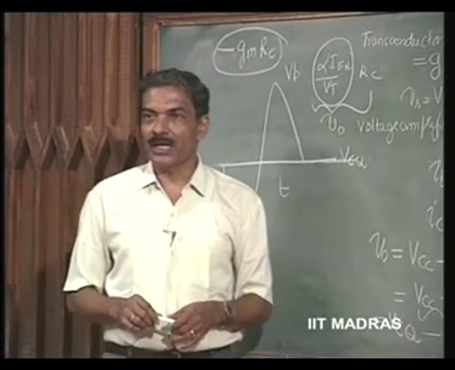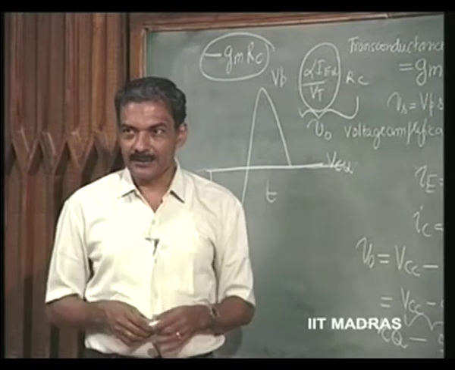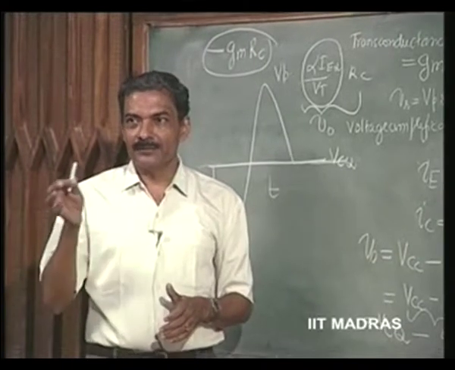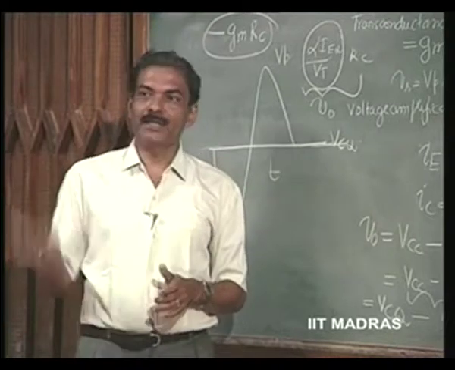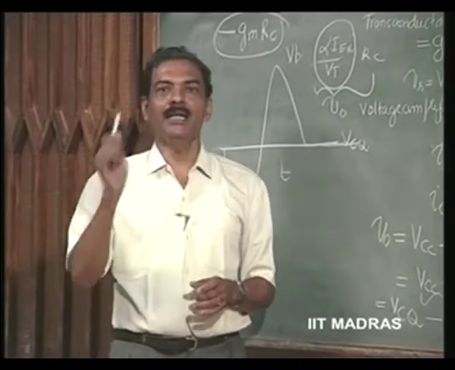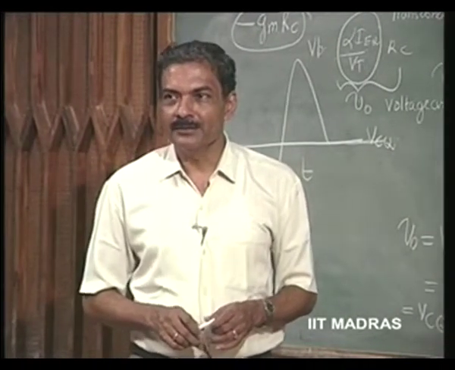Or suppose you are asked to design an amplifier with gain of minus 100, and you have fixed the operating point at 1 milliampere, for which the transconductance is 40 millisiemens, then the RC that you should select is 2.5 kilo ohms.